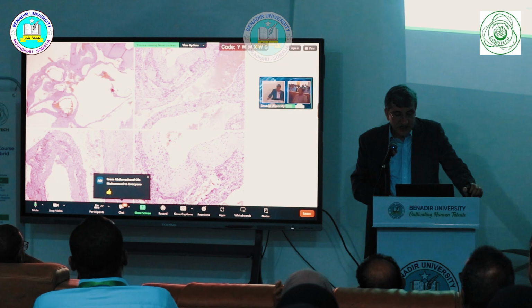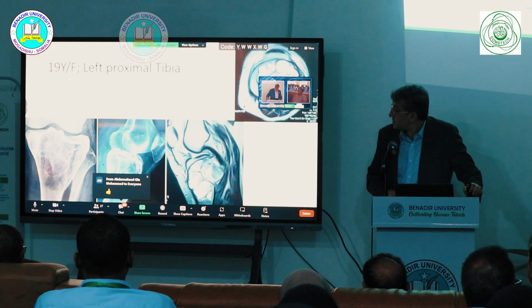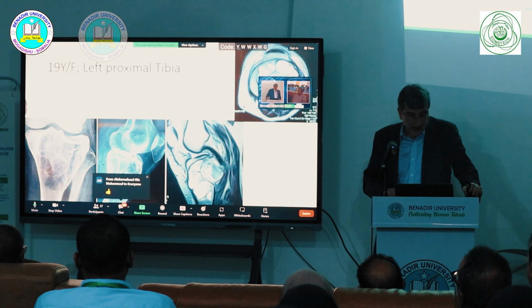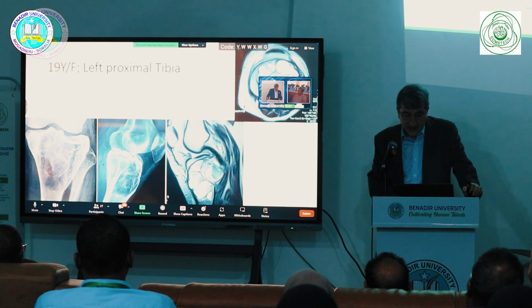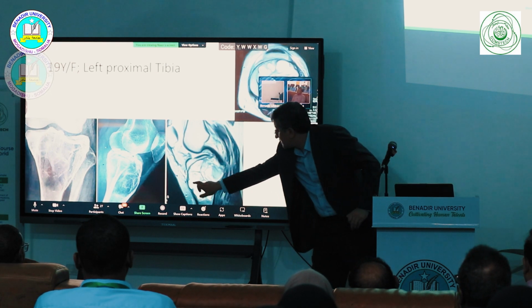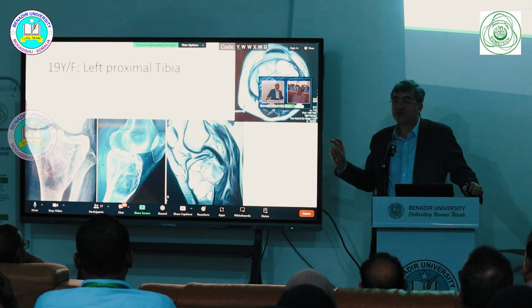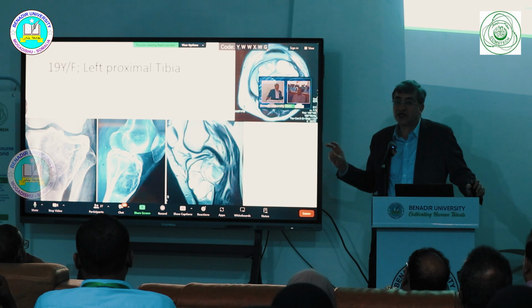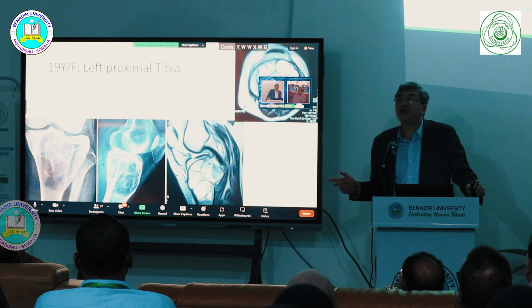19-year-old female patient, left proximal tibia. Any differential? On the MRI, it contains these white spots. This shows there is some fluid in the tumor, and it is seen in ABC.